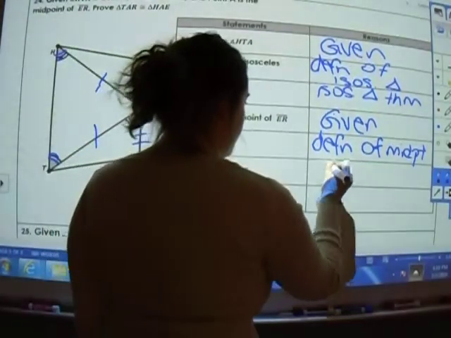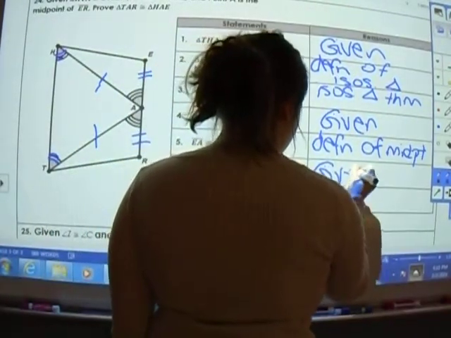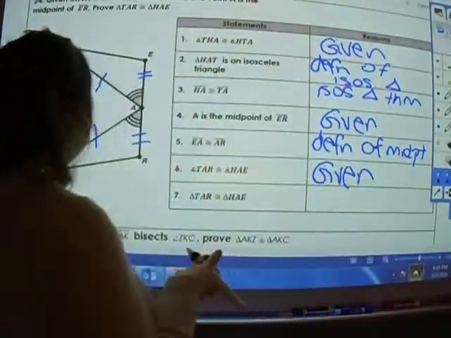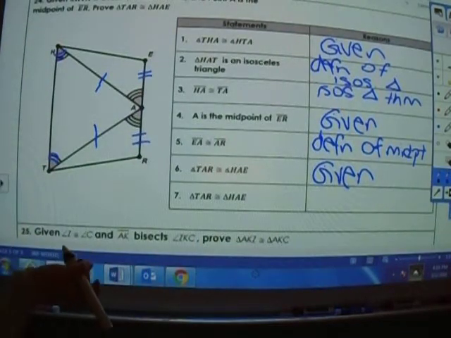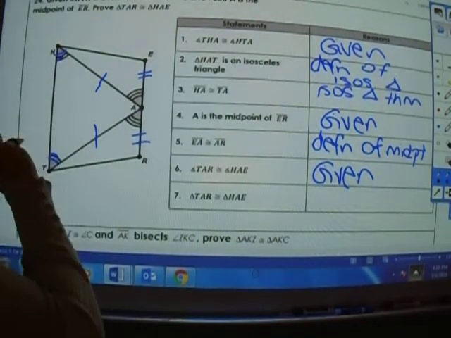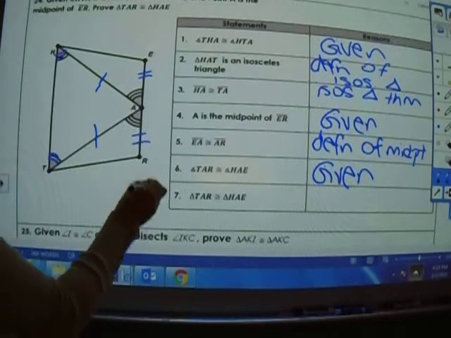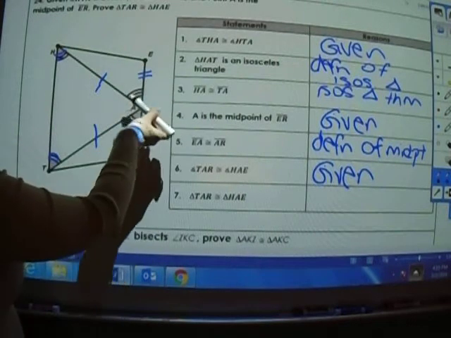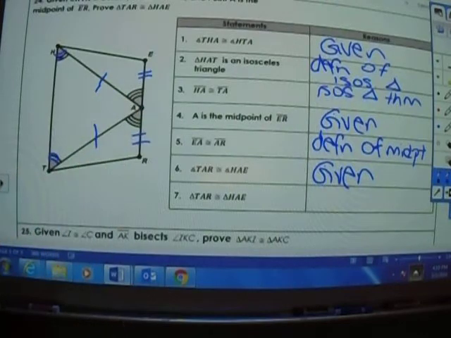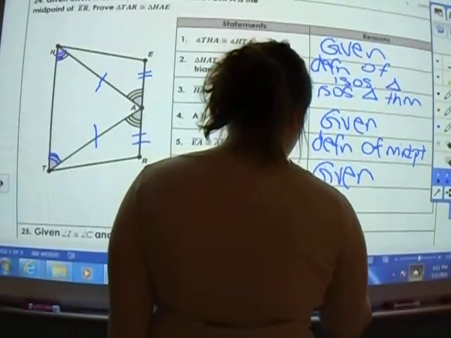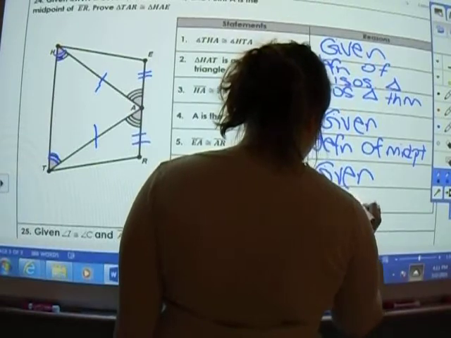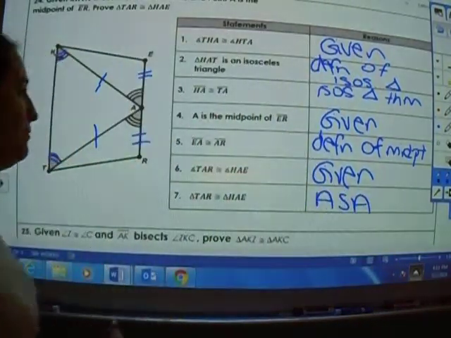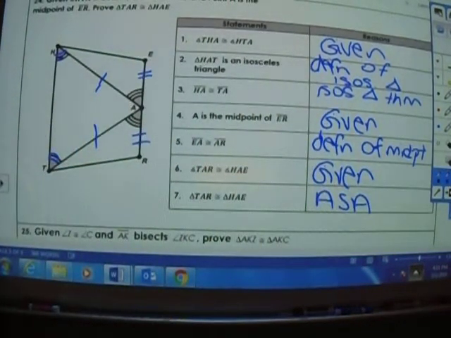That's also given to us. So finally, we can say that triangles TAR and HAE are congruent because of angle, side, angle. Okay? So that's how we do that one.